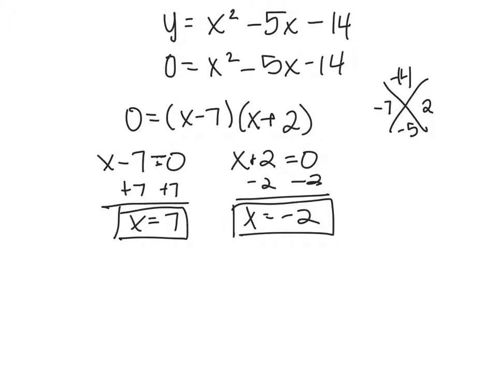All right, let's go on. So what happens if it doesn't quite look like the form we want it to be in? So let's say, for example, the problem says x squared equals 2x plus 3.